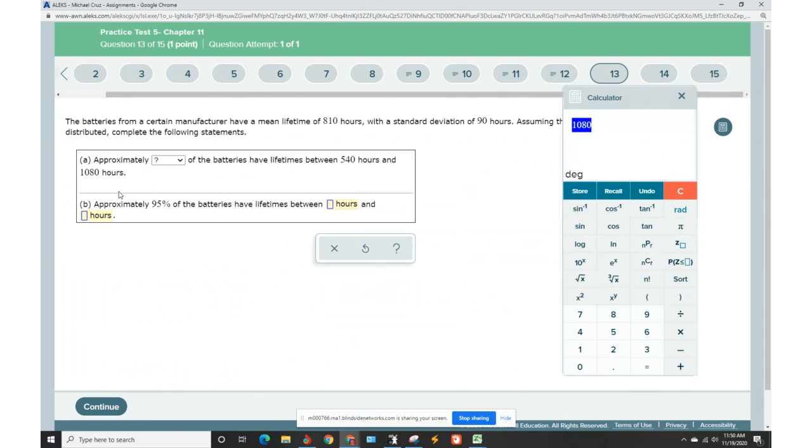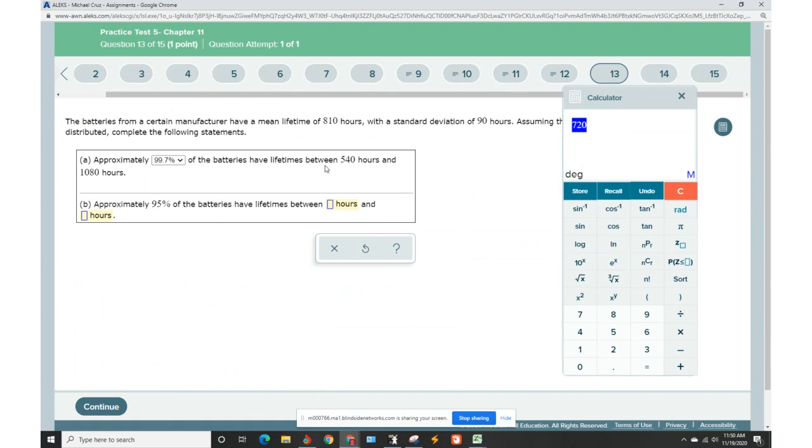Now, I would almost bet, because it's a between problem here, that if you do the down, it's that one. But let's just double check it. So let's take 810 minus 90. That's 720.